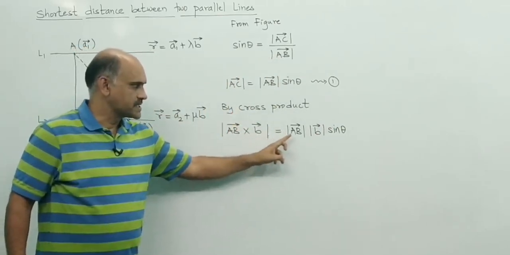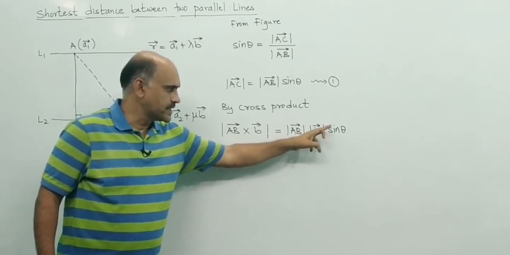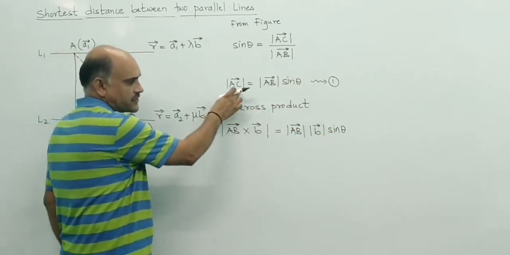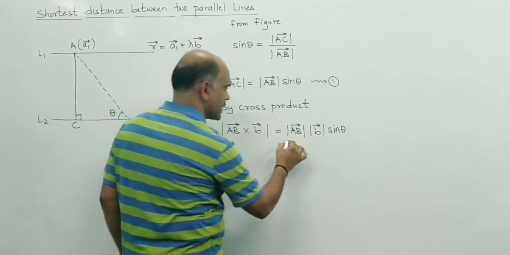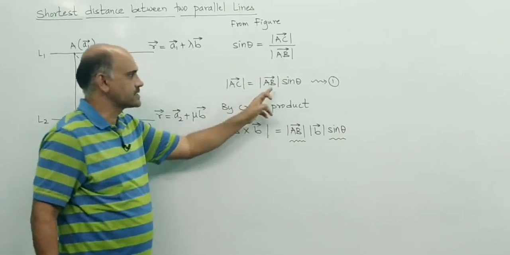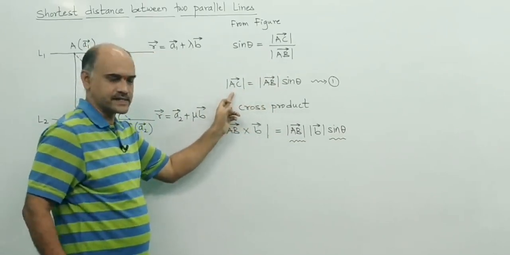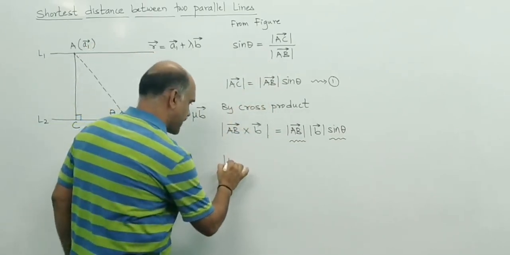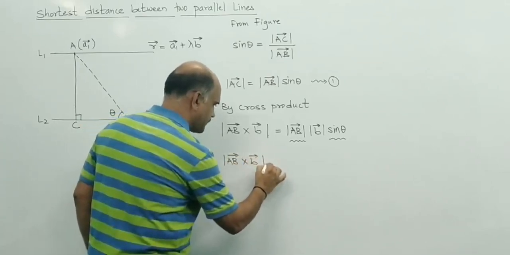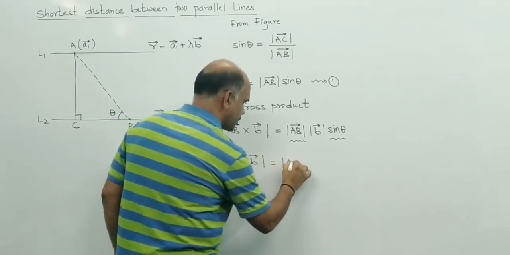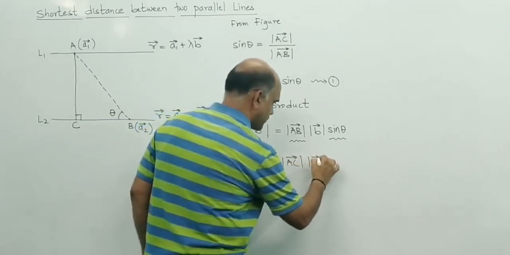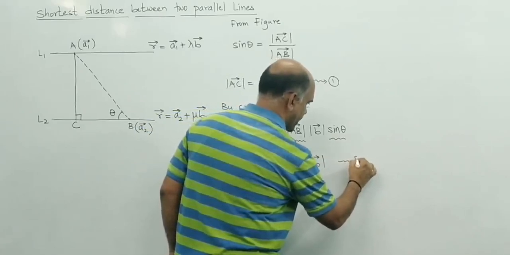So now if you observe from 1, this AB sin theta, I can substitute as AC. So magnitude of AB cross b is equal to magnitude of AC into magnitude of b, this from 1.